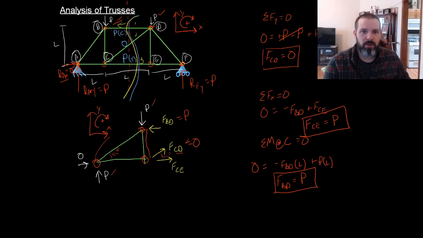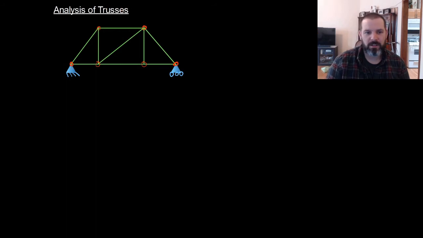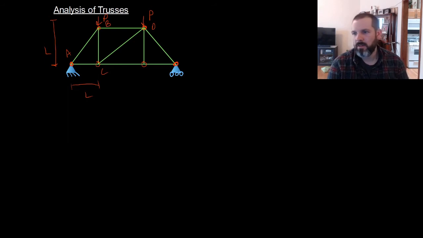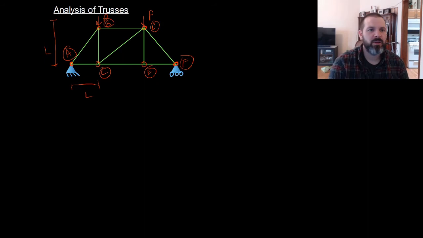So I'm going to start fresh and go on to a new kind of truss and relabel everything quickly. But we know that now we know the forces in here.